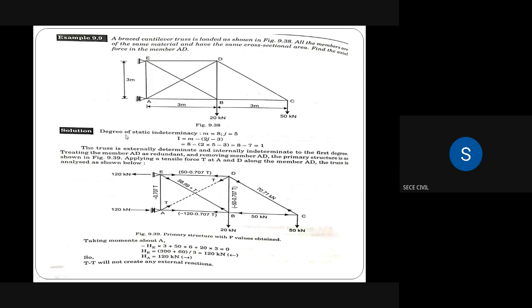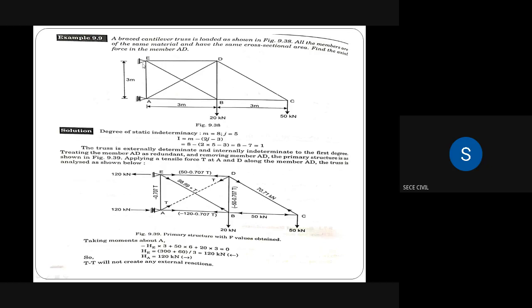The first step is to calculate the degree of static indeterminacy. We have to check both internal redundancy and external redundancy. First we calculate external redundancy. There are two supports, at support E and support A. Support E is a hinge support and support A is a roller support.